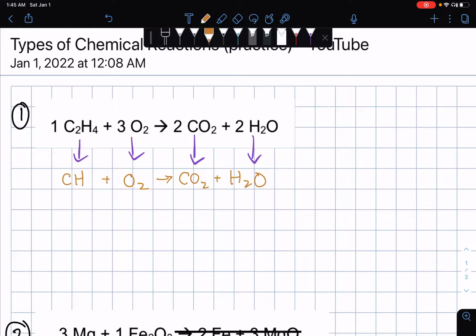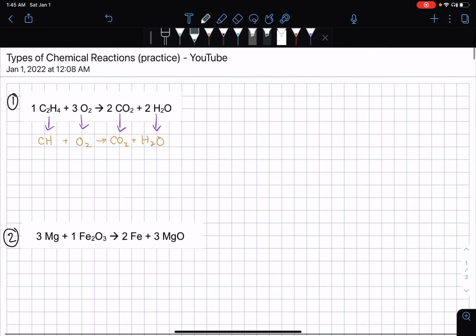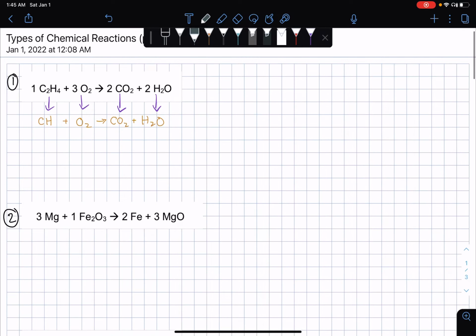I suppose so, because as you can see, there is CH there, O2, exactly O2, CO2 over there, H2O, exactly. Therefore, the chemical reaction for chemical equation number 1 is combustion reaction.